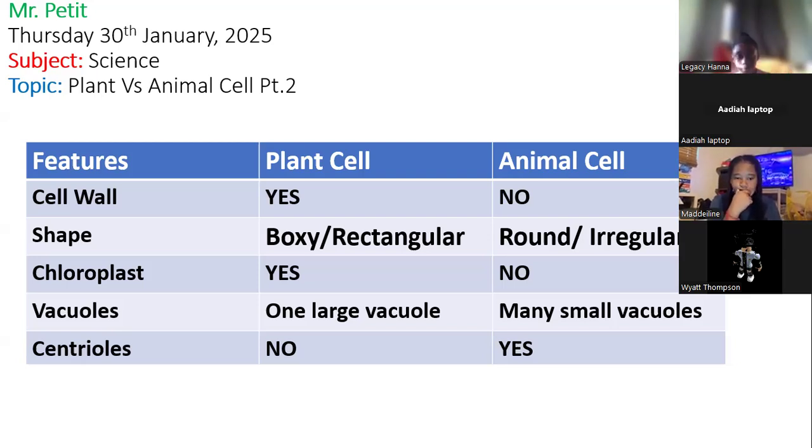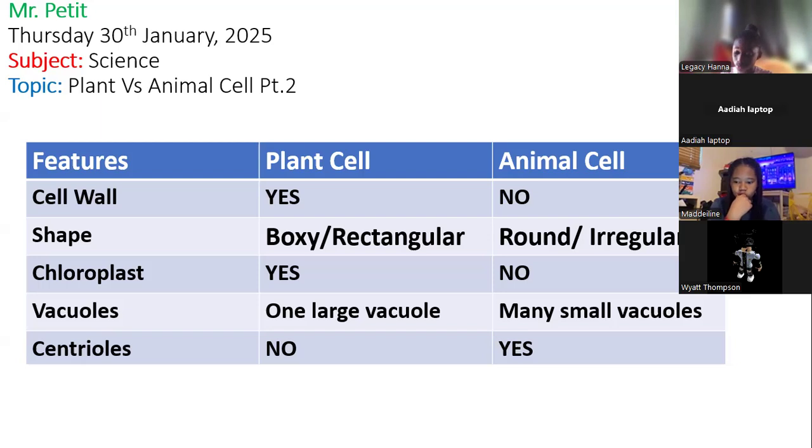And Wyatt, explain the difference between the plant cell and animal cell. Plant cells have cell walls, animal cells don't. Plant cell shape is boxy and rectangular, and animal cell is round and irregular. Plant cells have chloroplasts, animal cells don't.